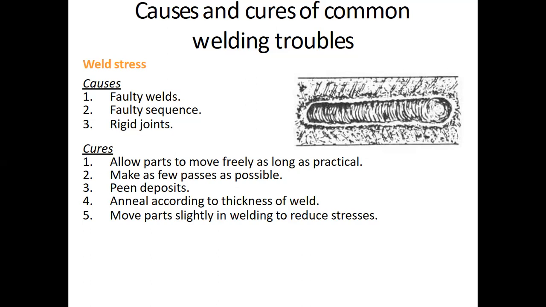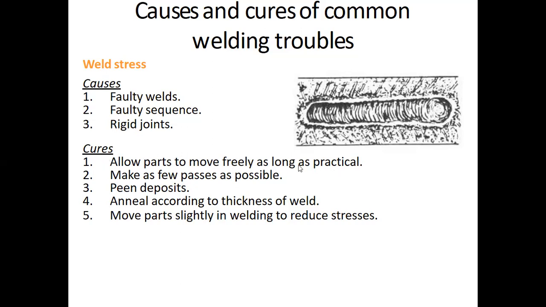When you're trying to design a component, a complicated component is not possible in one go, and therefore you make simple components and weld them later on. That will lead to these weld stresses, right? The welding of it. So what are the cures?